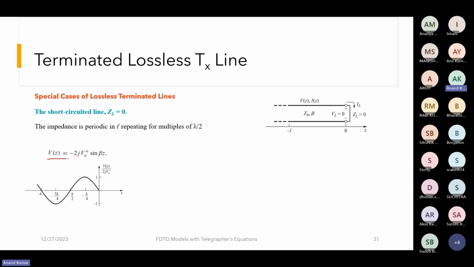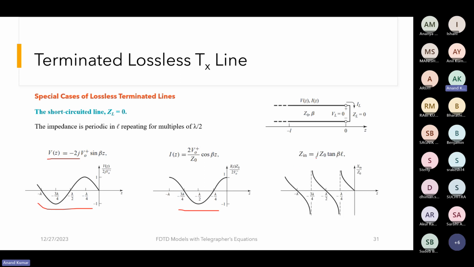The voltage will vary in this fashion. The current will vary in a cosinusoidal way, and the input impedance will vary as tangent. So it will move from positive infinite to negative infinite, taking all the values with the periodicity of lambda by 2.